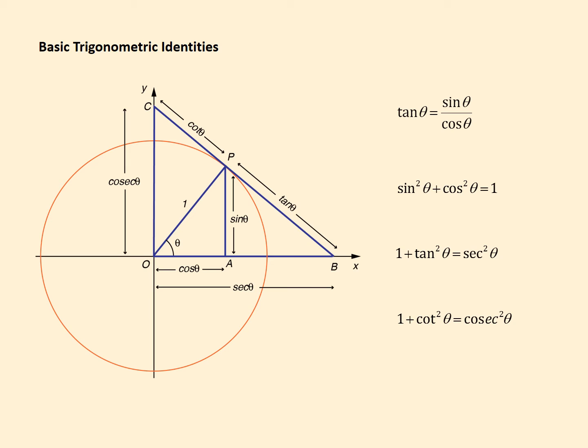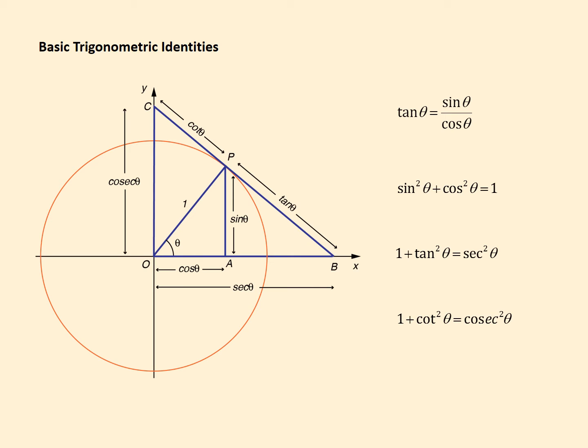The very names of these trigonometric functions are linked. So tan theta is linked to cotan, and the prefix co is Latin for with. So what goes with tan theta to complete the triangle OBC is cotan theta.